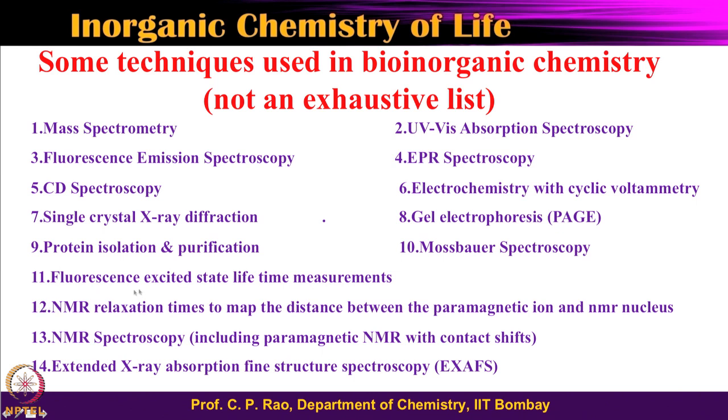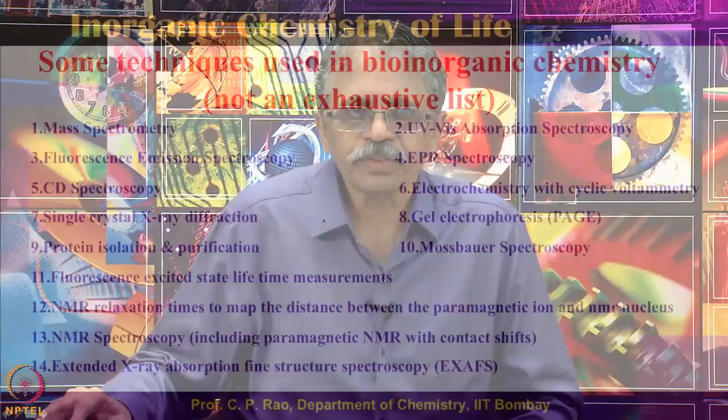And the fluorescence excited state lifetime, how long an electron sits in the excited state, these characteristics will explain what the surroundings are. If a particular group is giving the fluorescence and there is the rest of the protein around it, how the rest of the protein is influencing that particular species can all be studied.